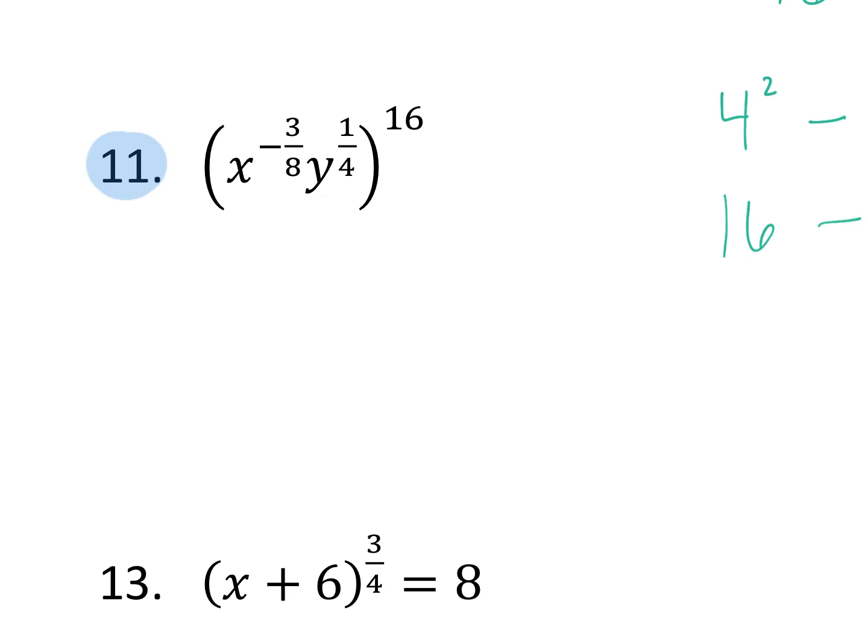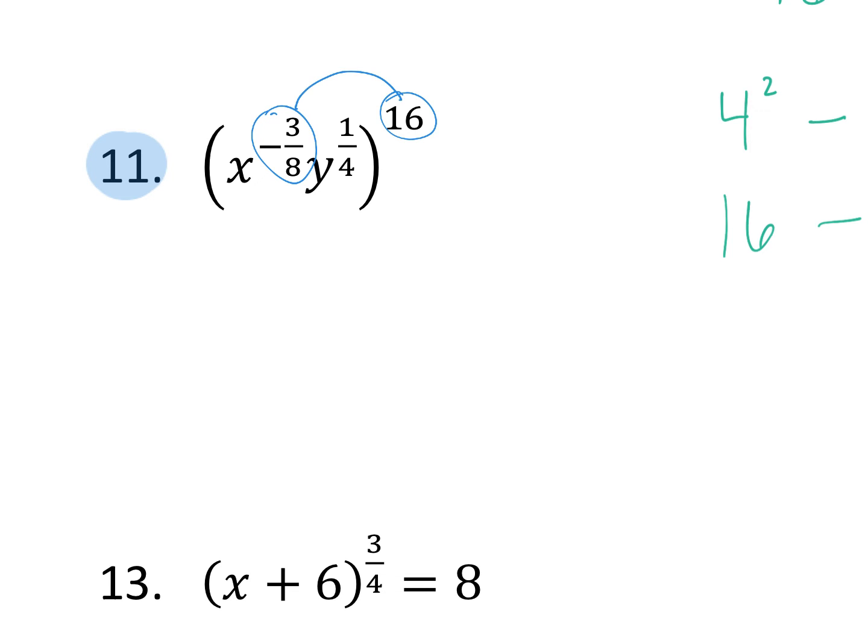All right, this one. When you take a power to a power, what do you do with those powers? Add them, multiply them, what do you do? What do I do with this 16 and this negative 3/8? You multiply them. Yeah.